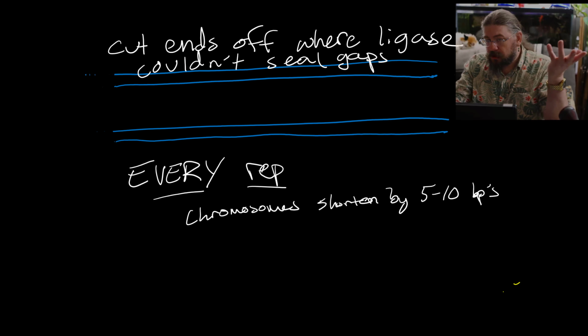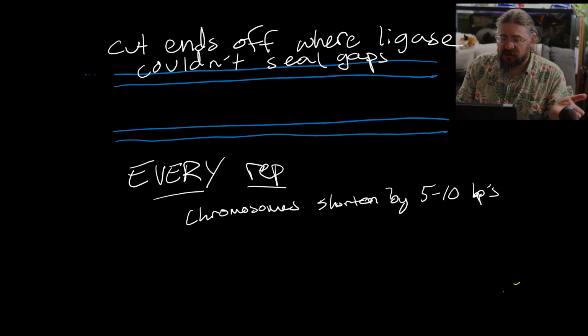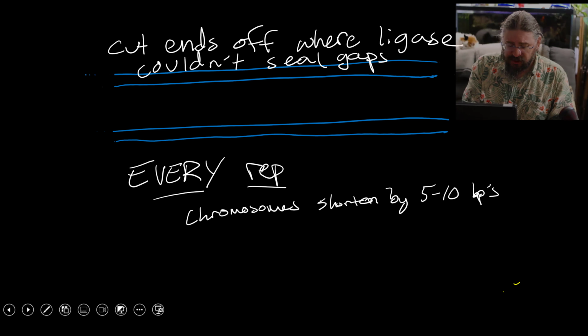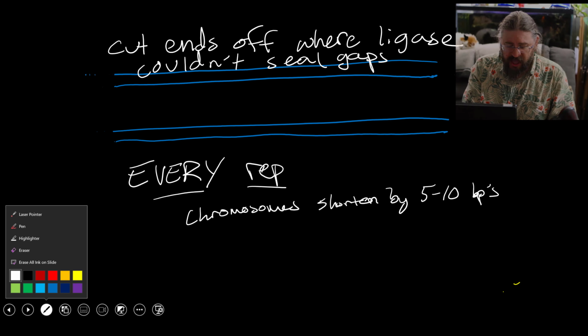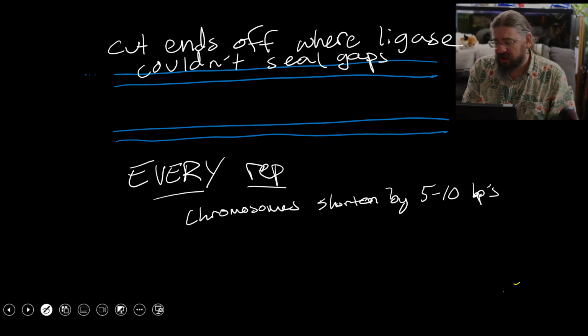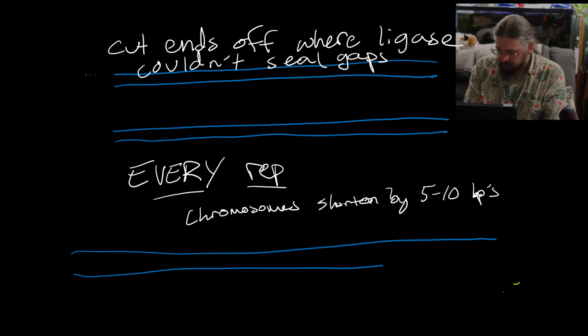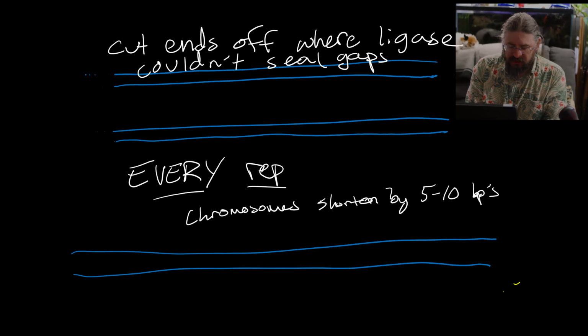And so that can get very bad. You can start to lose actual coding genes. So the simple solution on how to protect your DNA when every replication causes it to shorten by 5 to 10 base pairs, right, is to have all these important genes.